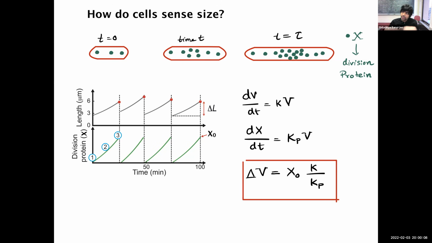So if you have more volume, you can make more proteins, right? And the cell divides when you reach a threshold protein level, which is X naught, okay? It's very simple. So cells grow exponentially, the number of proteins grows in proportion to the cell size, and the cell divides when you reach a threshold X naught, right?